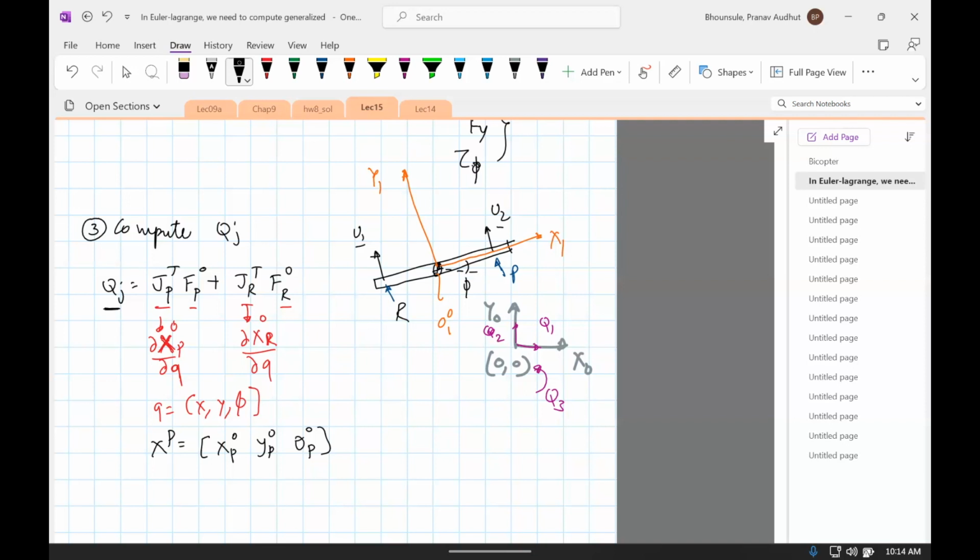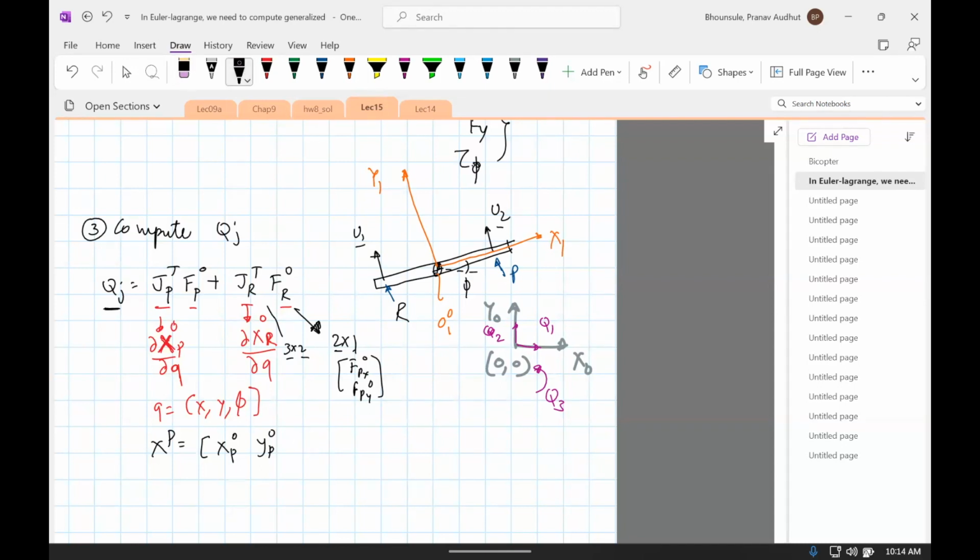See, the dimensions of this would be 2 cross 1, because that will be the force in the x direction and the y direction. So this has to be 2 rows, 1 column. J should be 3 rows, 2 columns. So that 3 times 2, 2 cross 1 is 3 cross 1.